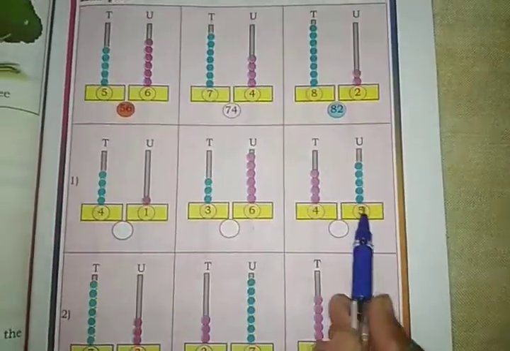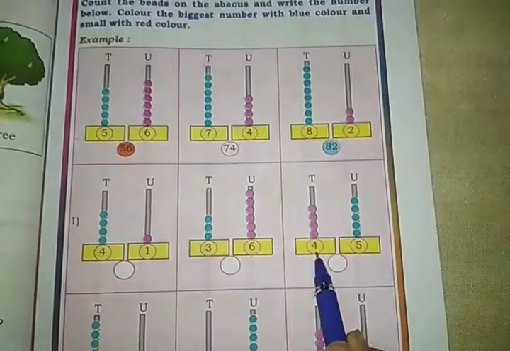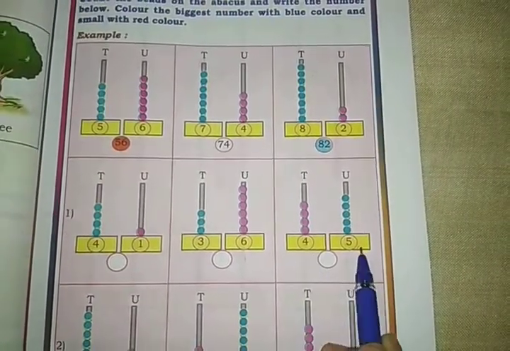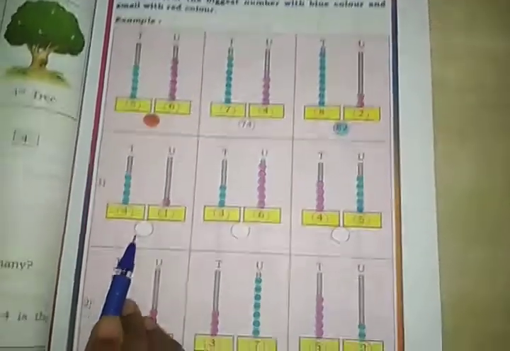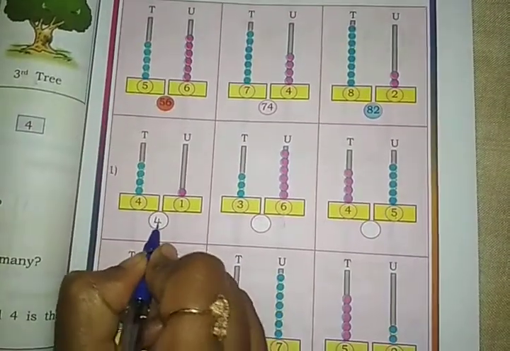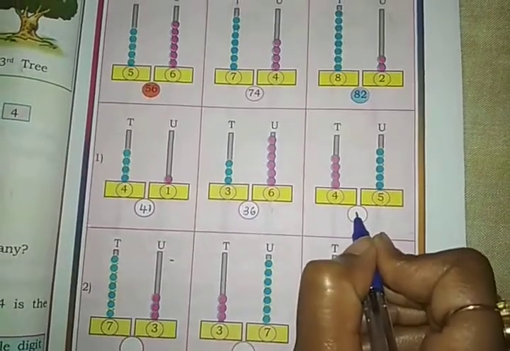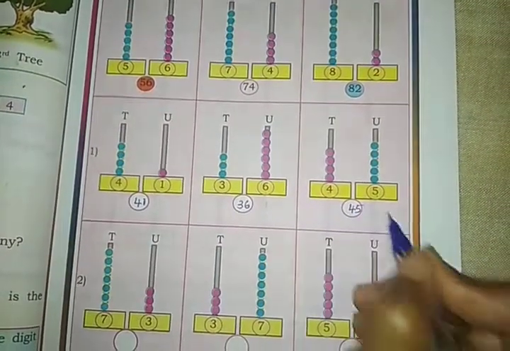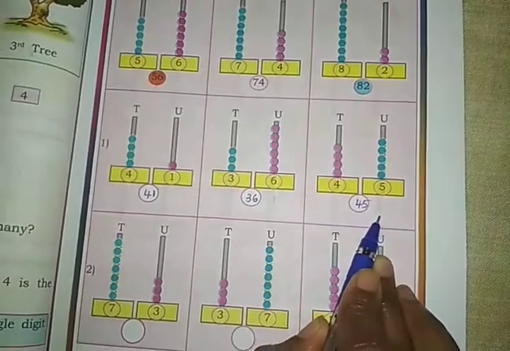See, in this one, just count. 41, 36 and 45. Tell me which is bigger in this. First you write down here. 41, 36, 45. Now among these three, which is smallest?